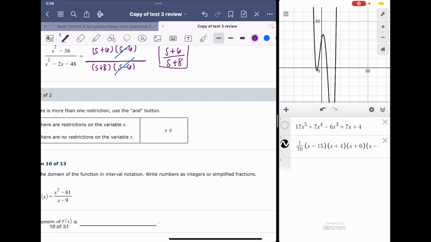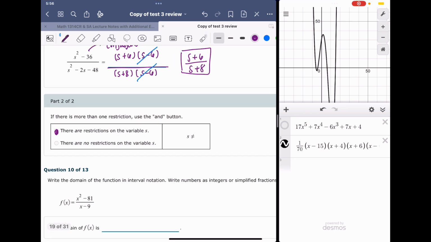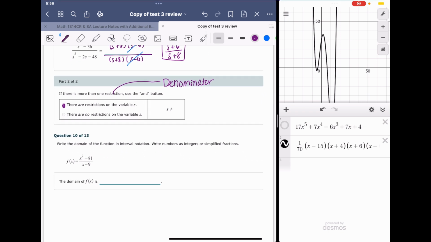Now, there are restrictions. What we're doing here is we're going to take the denominator. So this is the denominator. We're going to factor it and then solve for the areas that the graph cannot exist.